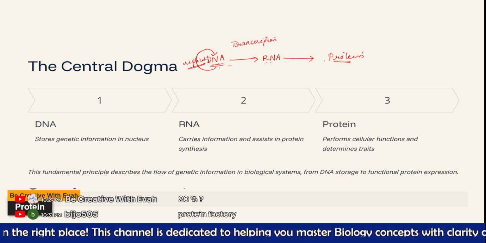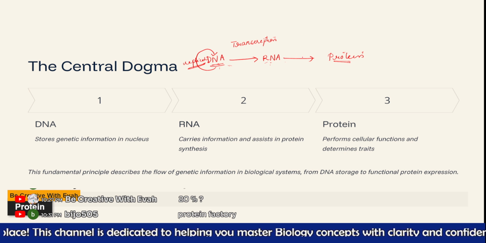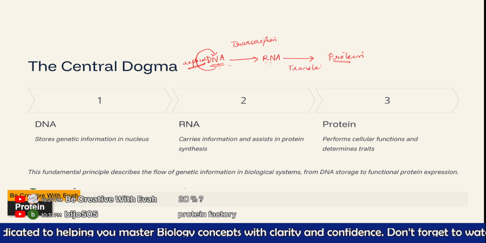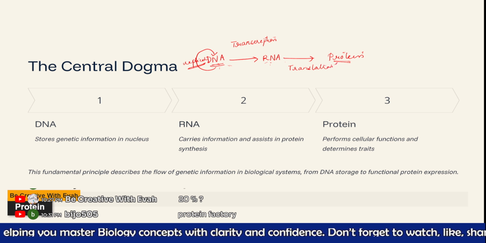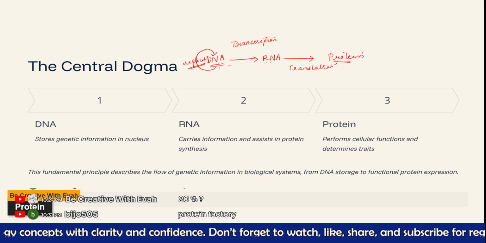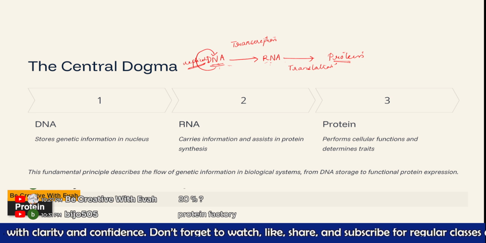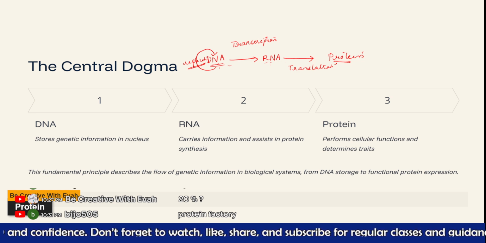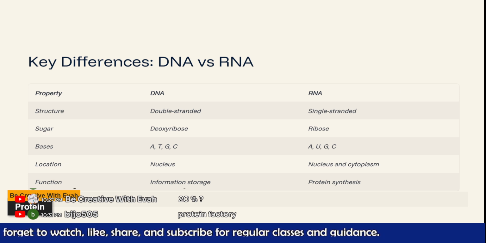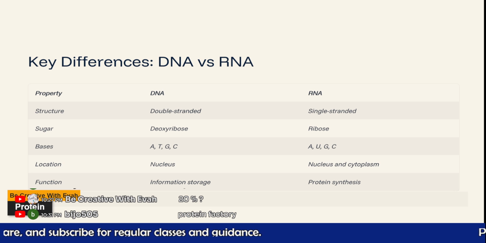And from the RNA, protein is synthesized. That is called translation. This flow of genetic information in the biological system is called the central dogma. Clear? Yes? Now we are reaching the last part of the session.